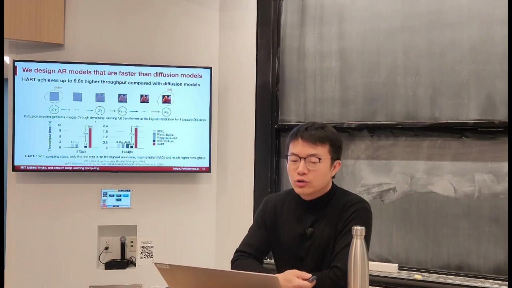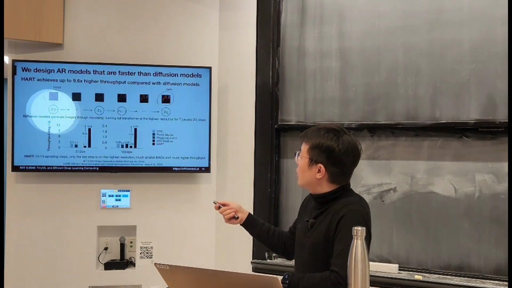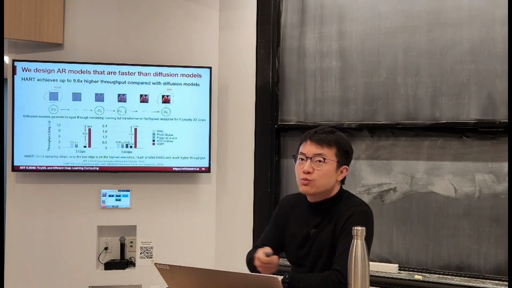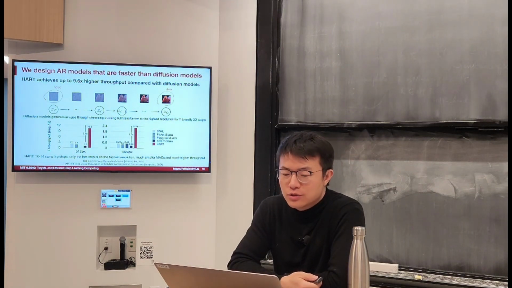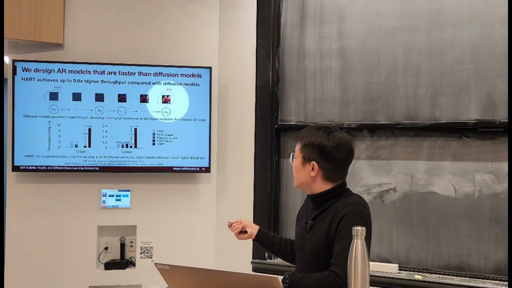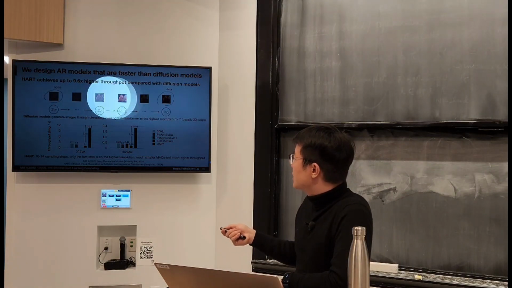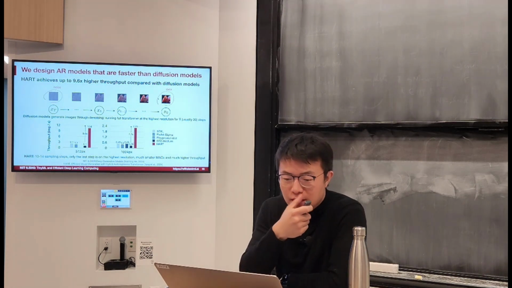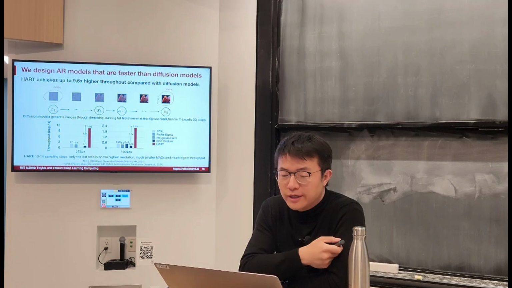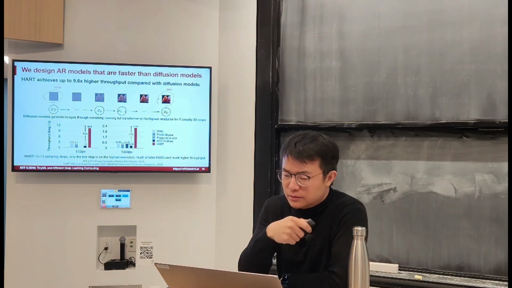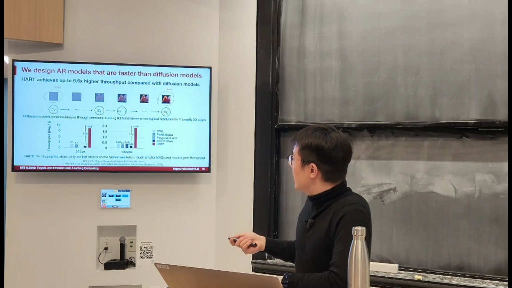So we designed this autoregressive generation, autoregressive short for AR, that can achieve even faster speed than diffusion models. We are going to introduce diffusion in the next lecture, but here we'll give a very quick hint. It has many time steps, trying to predict the noise and then denoise, subtracting the noise, and it requires many steps.